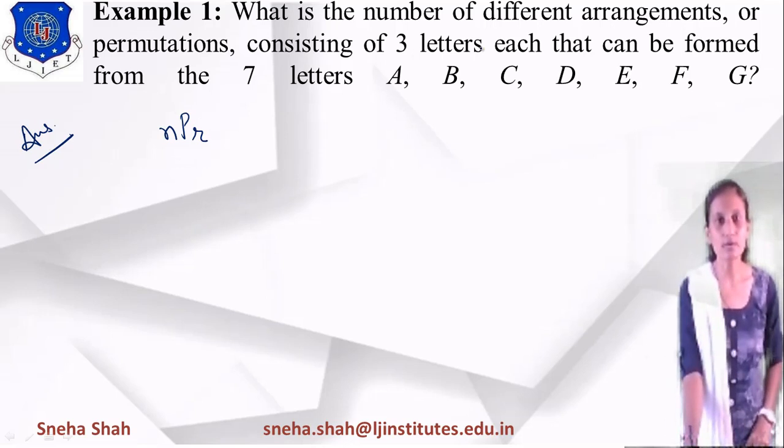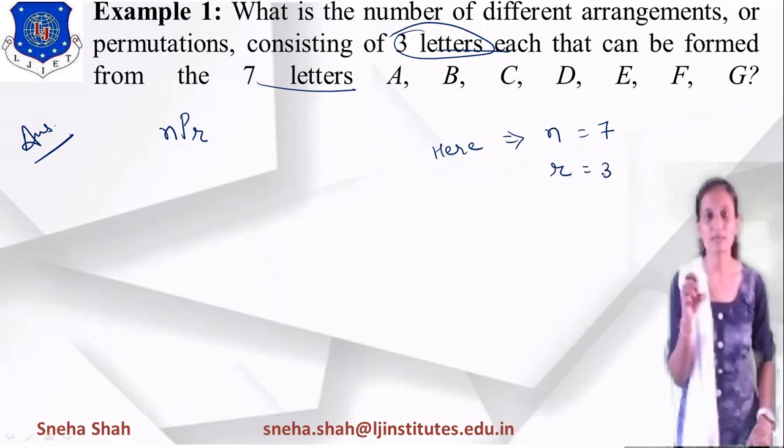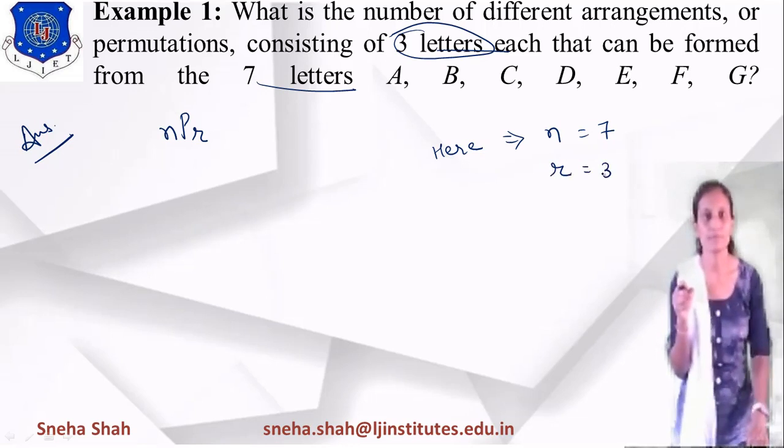You can see that the total number of letters is 7 and from the 7 we select 3 letters. So the value of n, the total number of letters, equals 7 and r equals 3, meaning a particular 3 letters will be formed.